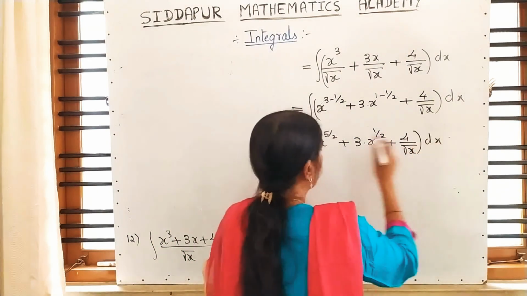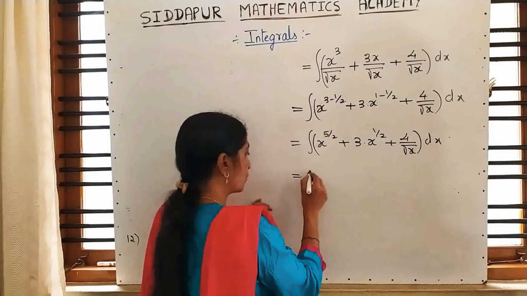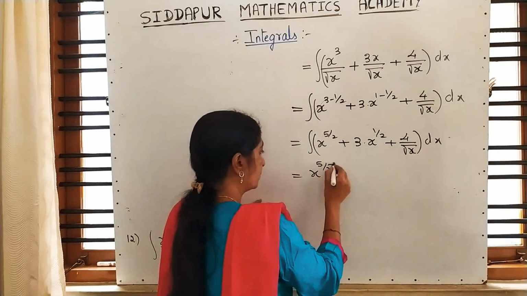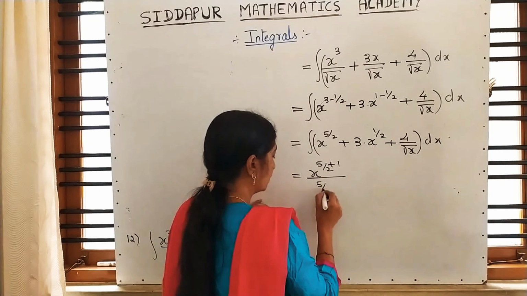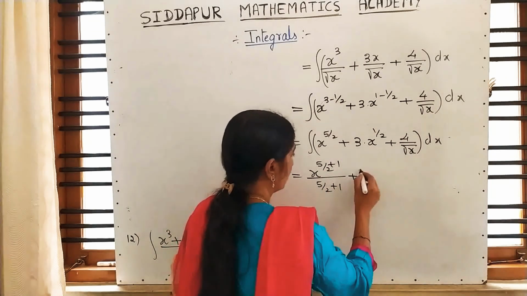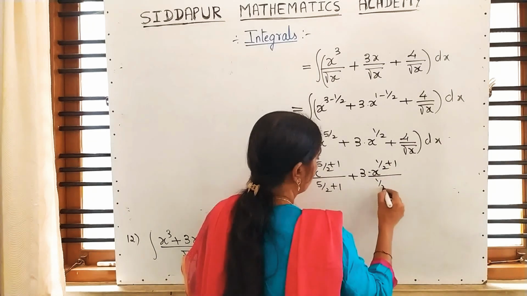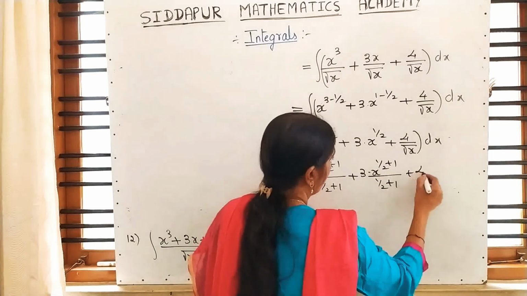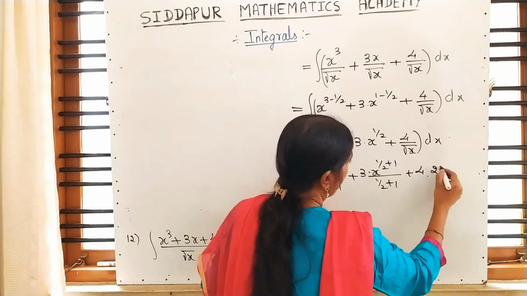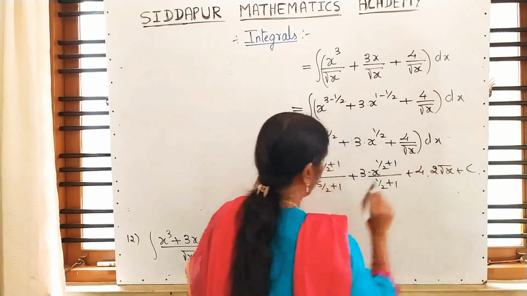Now integrate. They are in the form of x raised to n. Plus 4 as it is. Integration of 1 by root x is 2 root x plus c.